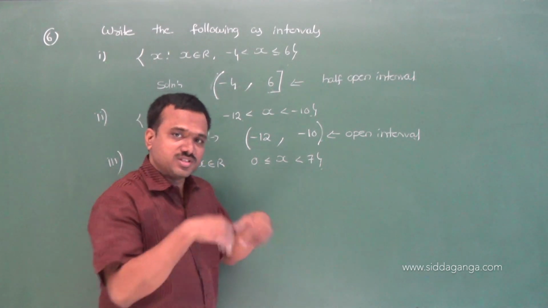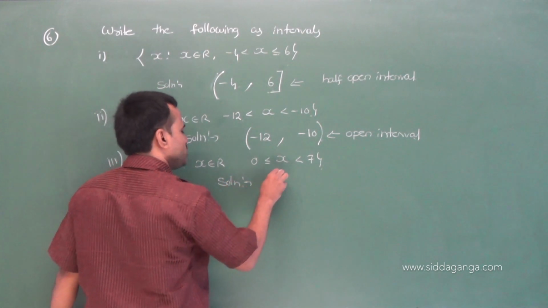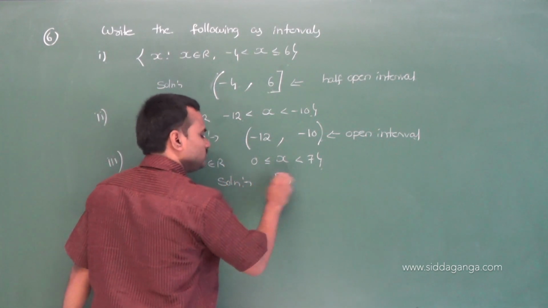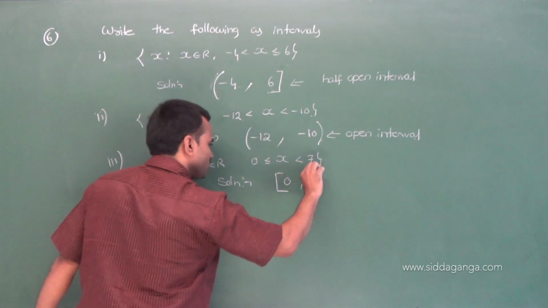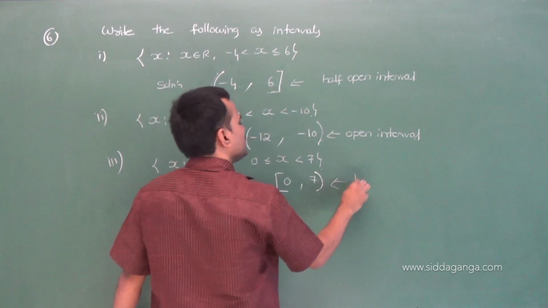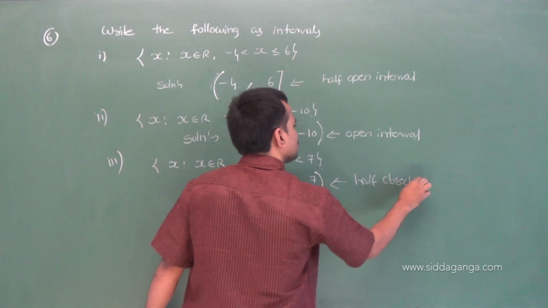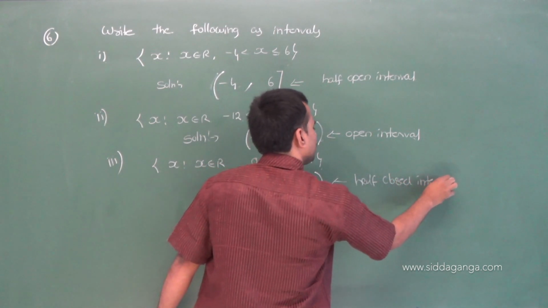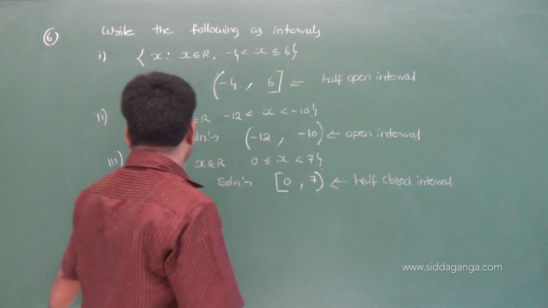Less than 7 means 7 is excluded. Solution: 0 is included means a square bracket, comma, 7 is excluded means an open bracket. This one we call a half open, or one more word, half closed interval.